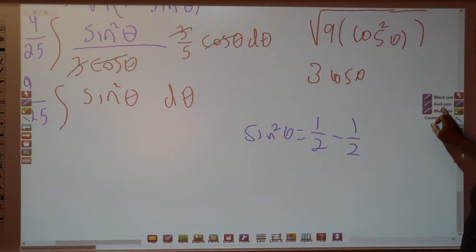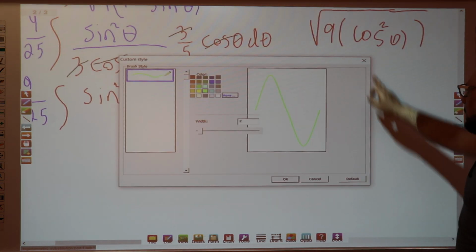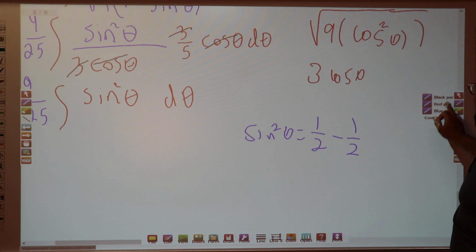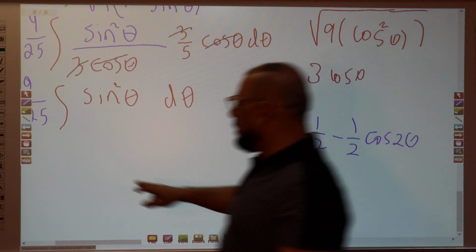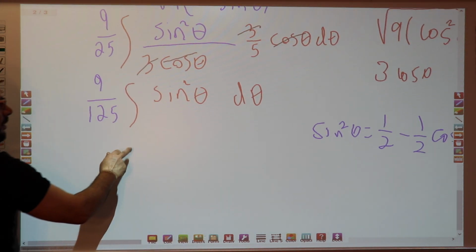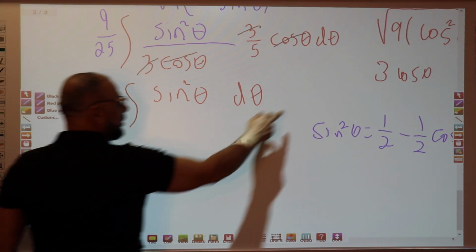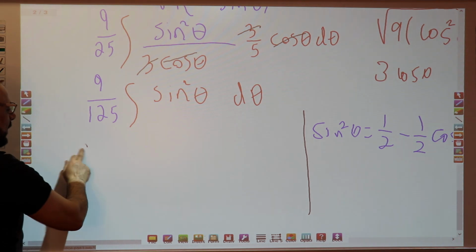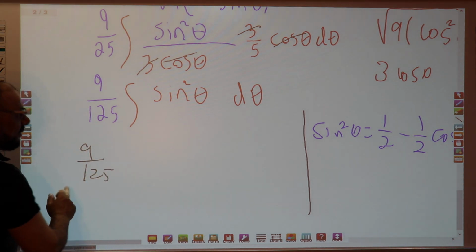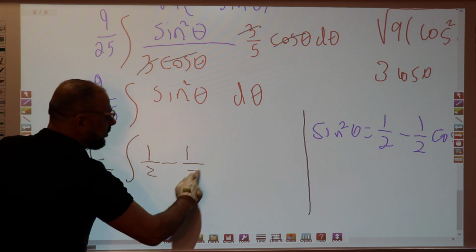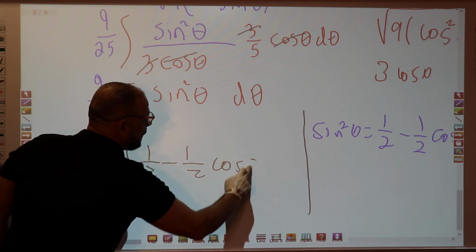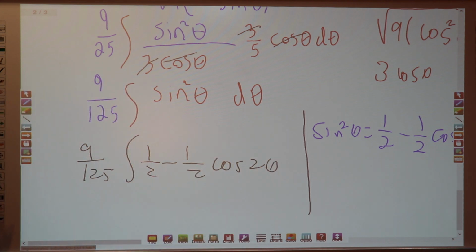Then this becomes 9 over 125, I have to finish this problem, integration of half minus half cosine 2 theta d theta.